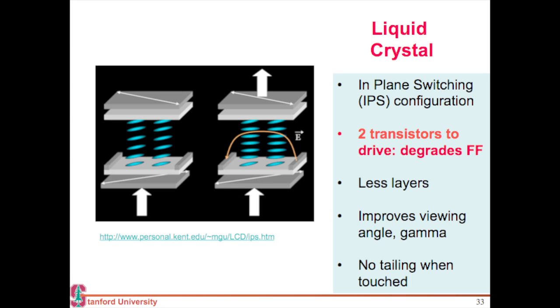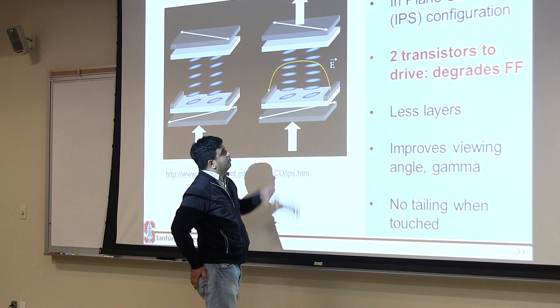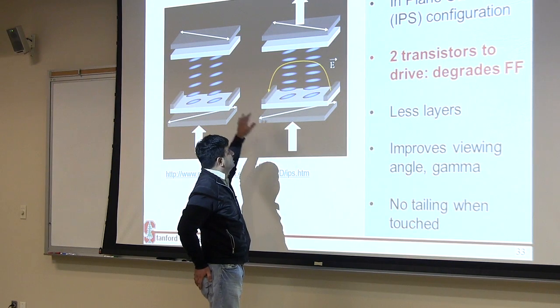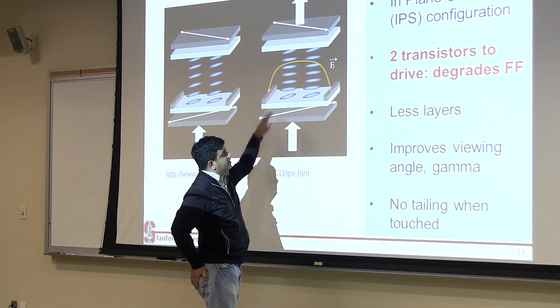The recent advancement is that these two conductors are both placed at the bottom, and it's called in-plane switching. It comes with the disadvantage that you have two of these wires running through the path of your light, so that degrades your fill factor, which stands for how much of your area is occupied by this wiring.